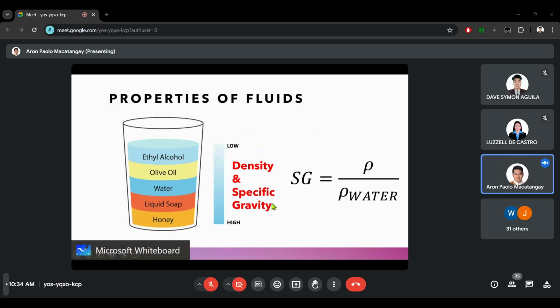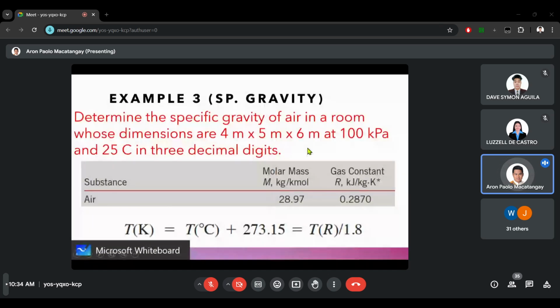For example, this is the same given as your number one. Okay, but now determine that specific gravity in 3 decimal digits. Okay, so if we solve this, let's go back to the whiteboard.